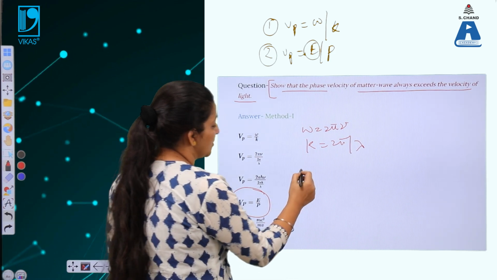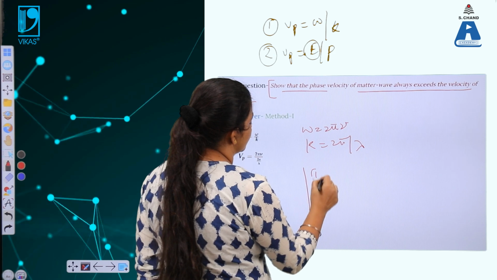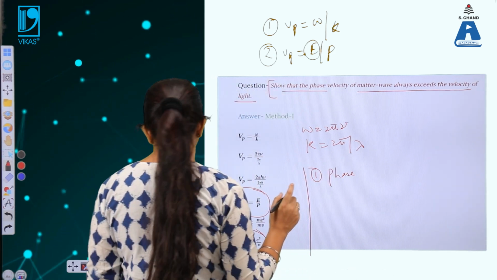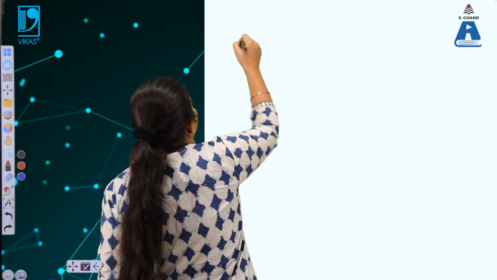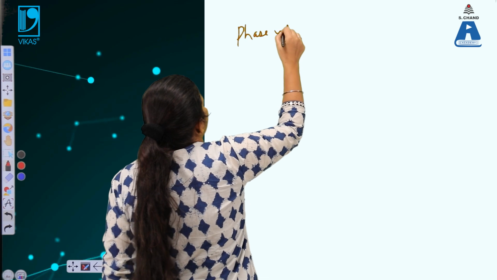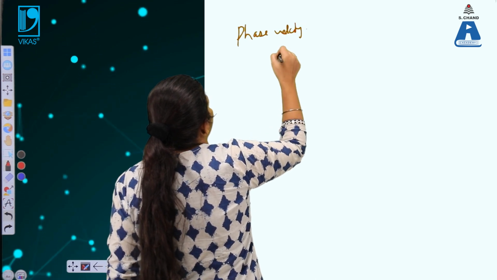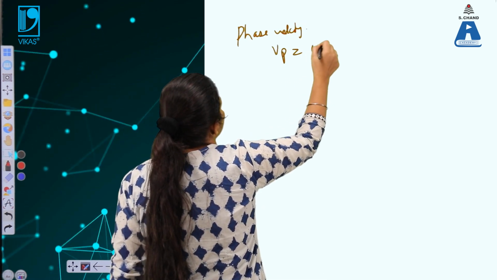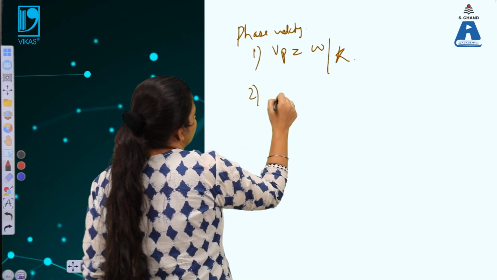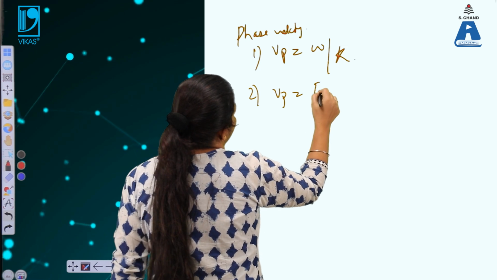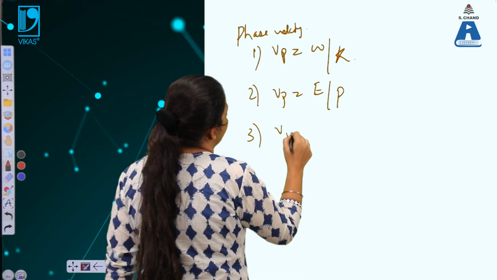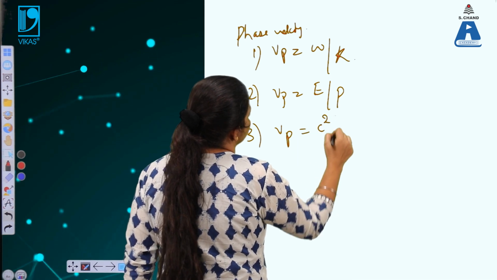So now the different expressions for the phase velocity are: first, Vp equals omega by k. Second, E by P. And third, c square by v.